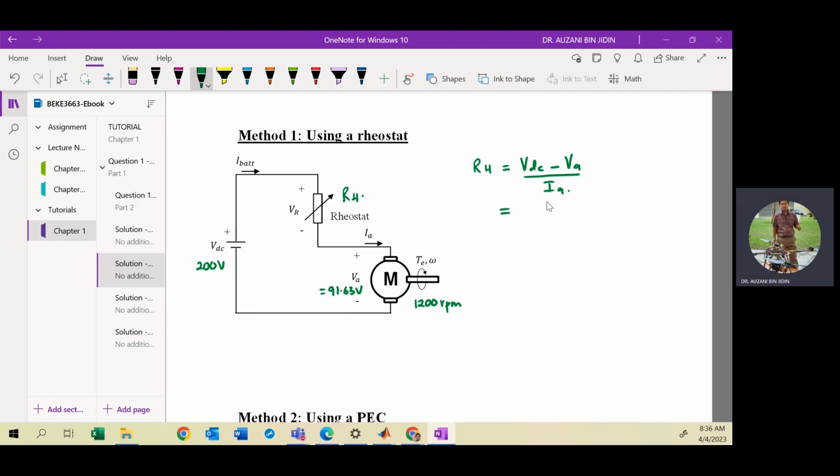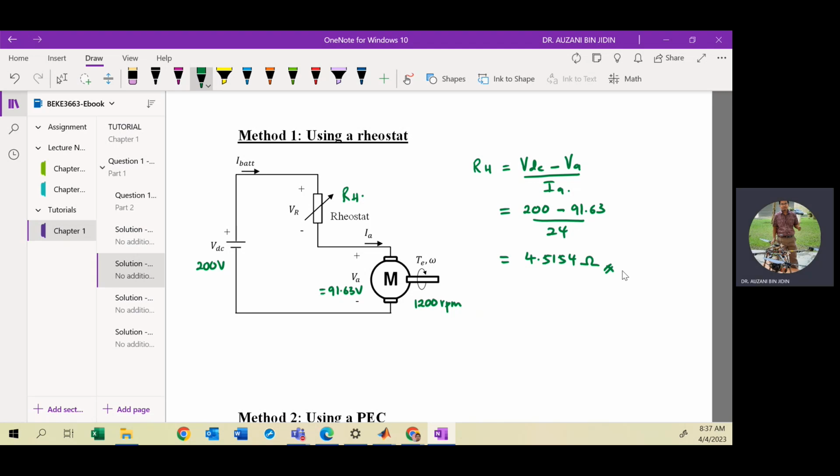This one is simple, right? You just apply Kirchhoff voltage law, voltage divider rules, basic electric circuit theory. Then you can calculate RH: 200 minus 91.63, divided by 24. So the resistance value is 4 ohm.